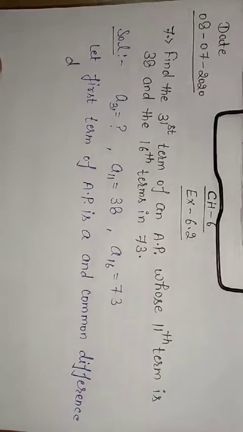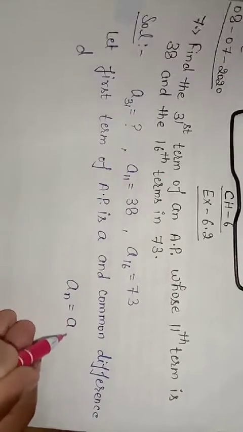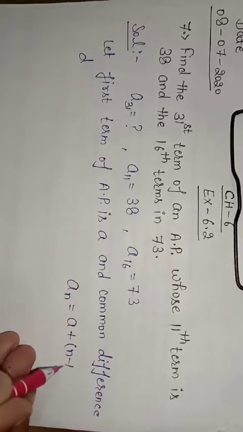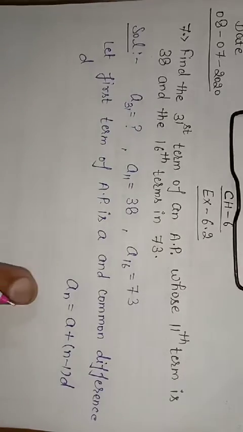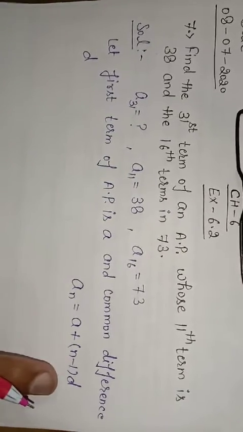We know that the nth term of an AP, An, equals A plus n minus 1 into D.